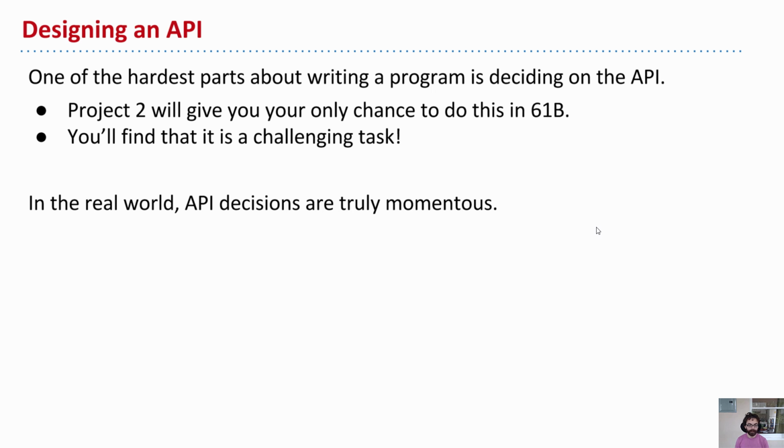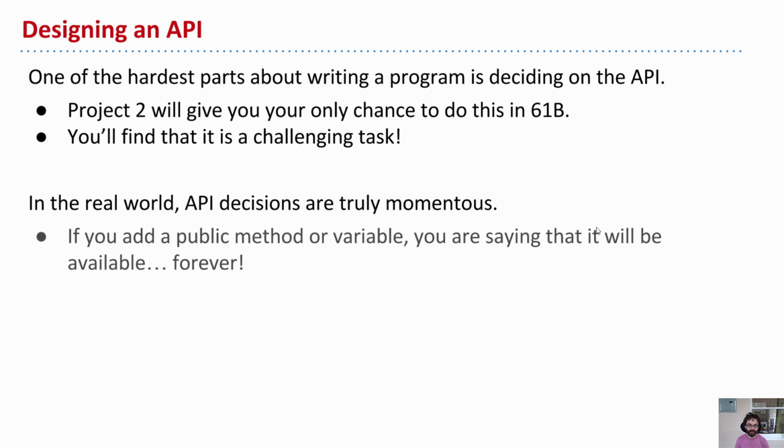Now, I'll say that in the real world, whenever you design an API, the decisions you make are incredibly important, right? So if you go out there and you say, I have a class here, and there's a set of public methods and variables, I am saying that those methods and those variables will be available forever, for anybody, for all time. 100 years from now, it should still have the same behavior. So you're making a big decision. And a lot of the crufty things that are kind of ugly about Java are because of this.